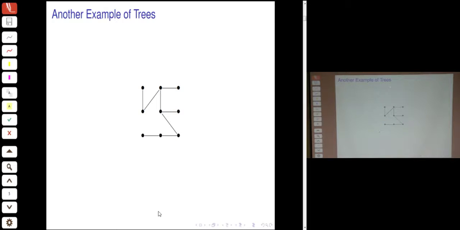This is another example of a tree. Usually, people can draw a tree really like a tree, but here, since we put the tree under the category of graphs, we just draw it like a graph. On paper, if you want, you can put one vertex here, go down to here, and then there's a branch.